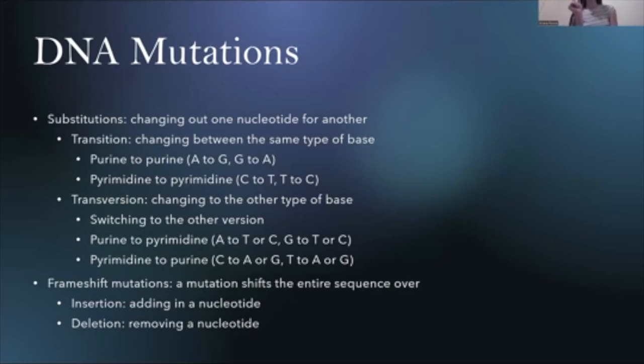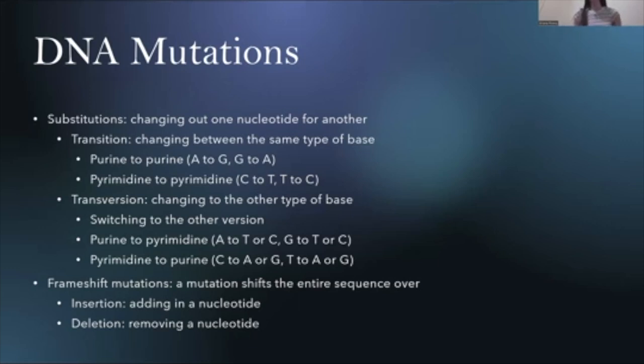If I suddenly remove the third nucleotide of something, what was the first nucleotide in the next codon is now the third nucleotide of the one right before it. So everything shifts over one spot, and that means your codons are going to look different, which means your amino acid sequence is going to look different. We're going to talk about those in a second.